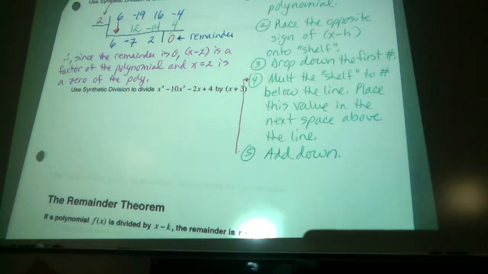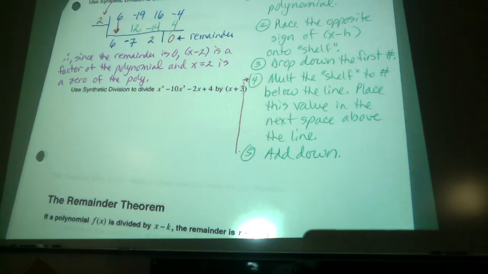If my remainder becomes 0, that binomial x minus 2 is a factor of the polynomial because it went in there evenly. And solve that binomial for x, set it equal to 0. x equals 2 is a 0.